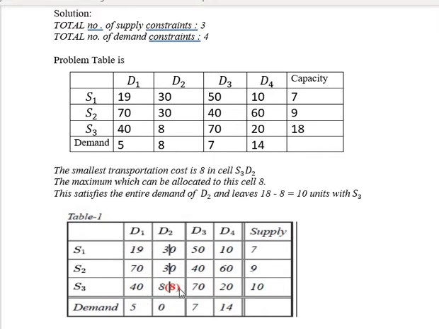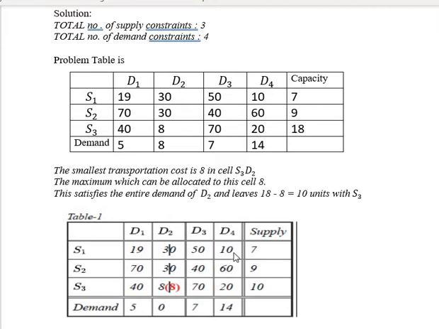From table 1, we can see that the column D2 we can strike out and we can form the next table using the remaining rows and columns. From the remaining rows and columns, see the least cost occur in which cell.